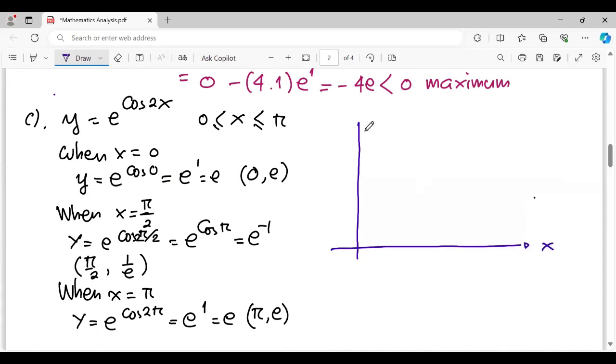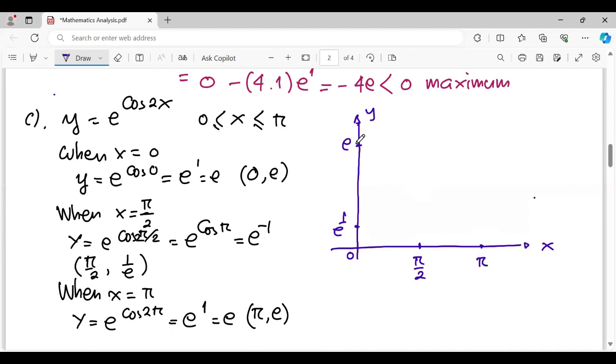This is the x-axis, y-axis. This is e, and this one is 1 over e. Okay, this axis is for y in e. This is the x-axis in terms of pi. Pi over 2, pi.